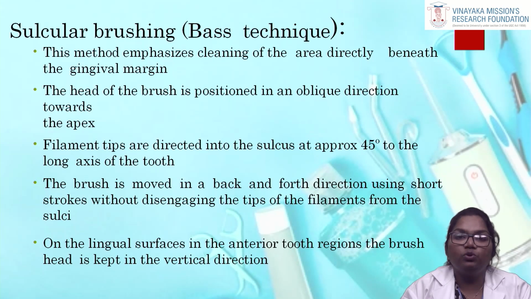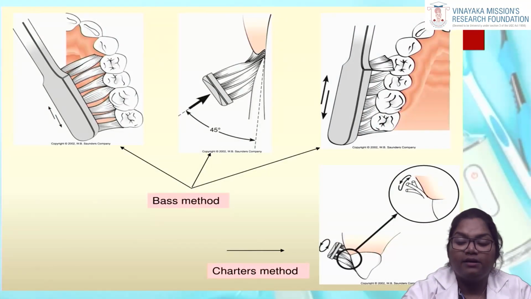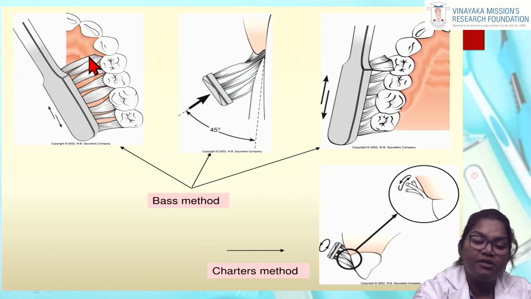We are supposed to use approximately 20 strokes, 3 teeth at a time. On the lingual surface in the anterior regions, the brush head is kept in a vertical direction. Here we can see the brush tips in the palatal region, placed in the gingival sulcus.